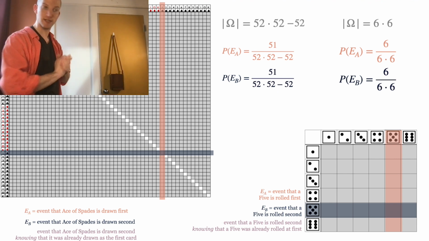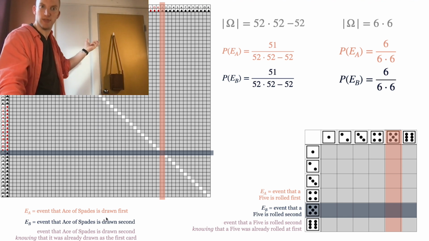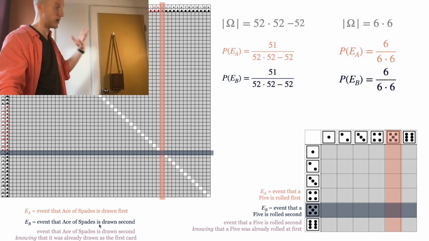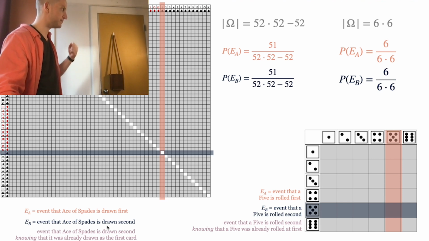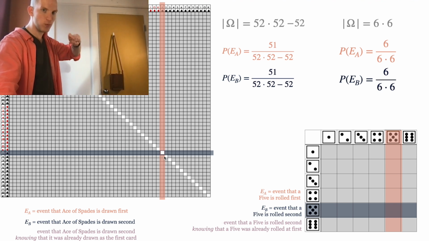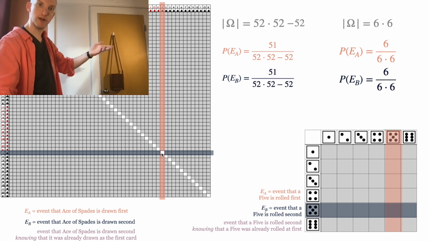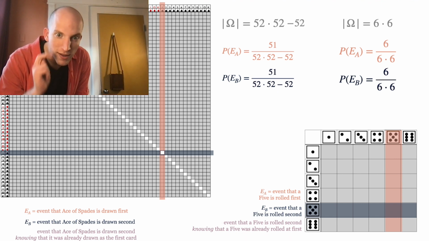It's going to be this purple event of how likely it is to observe event B, given that we already know that event A has happened. And in this analysis, I'm going to go ahead and re-highlight this whited out square that happens to be at the intersection of red and blue. That's going to be very important. Keep your eye on that.